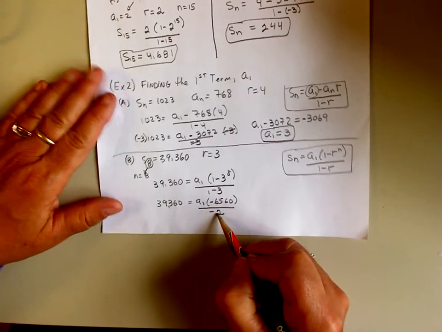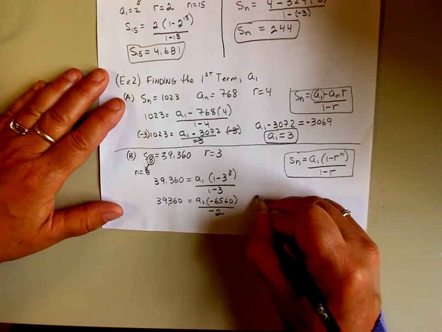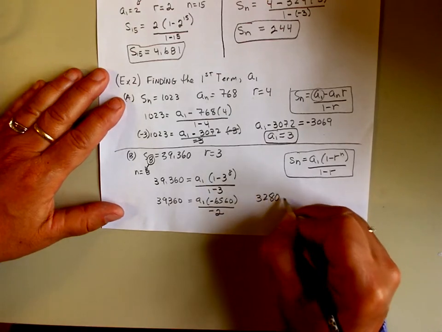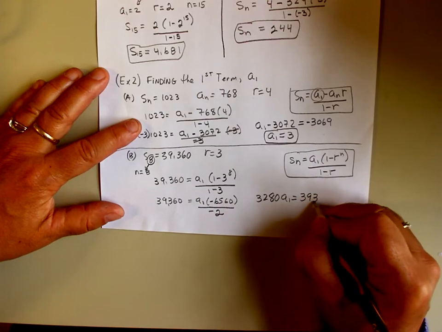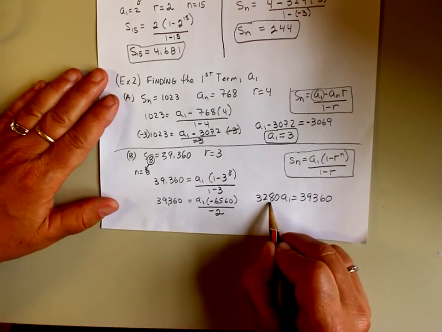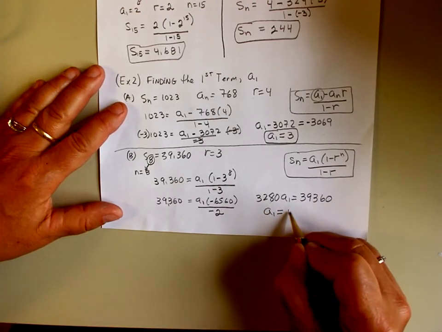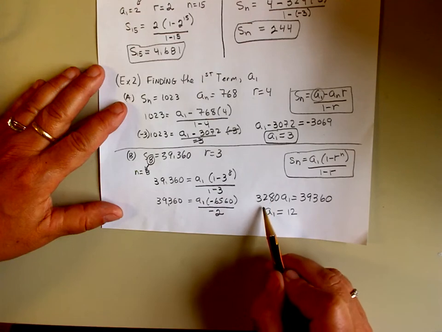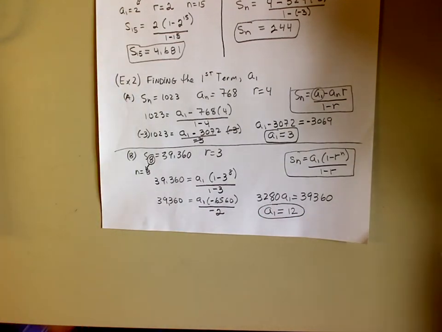If I divide these two numbers, I will get a factor for A1, which is 3,280 times A1, and that's equal to 39,360. Divide both sides of the equation by 3,280, and you will be able to solve for the first term, which is 12. Hope you found this video useful.